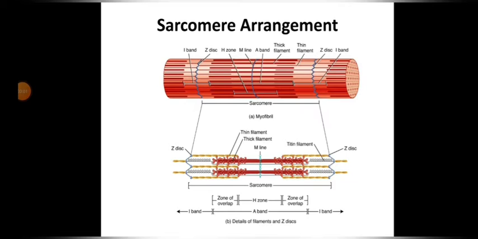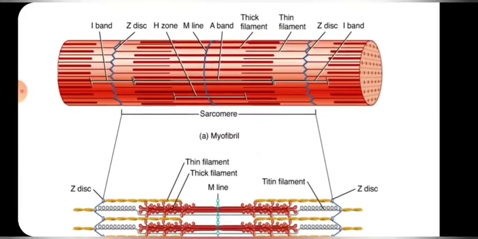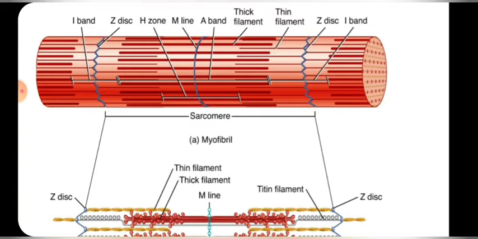Hello students, in this slide you can see the arrangement in a sarcomere. A sarcomere has different sections. The sarcomere starts from one Z disc to the next Z disc, as shown in the figure.